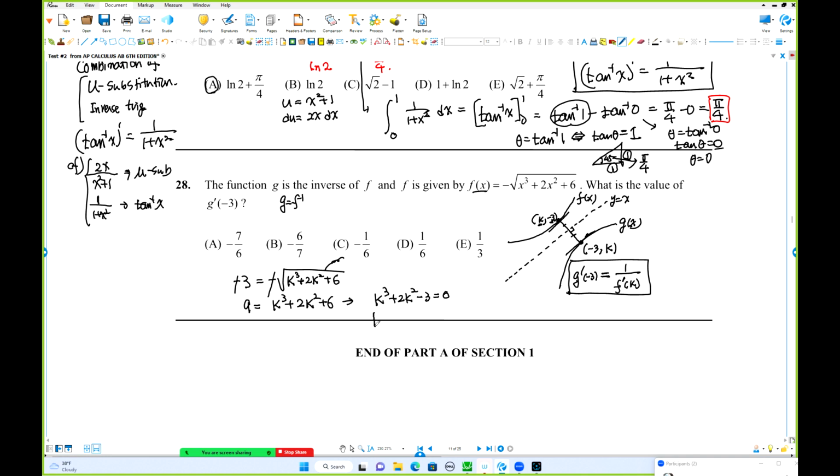But this is a higher degree polynomial equation. To find the solutions, we have to apply the possible rational zero test.